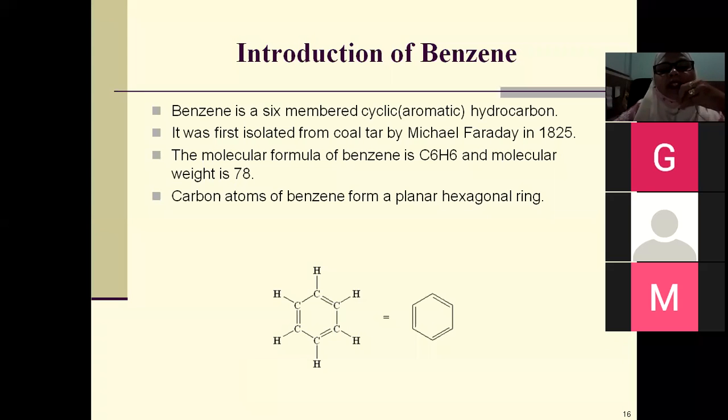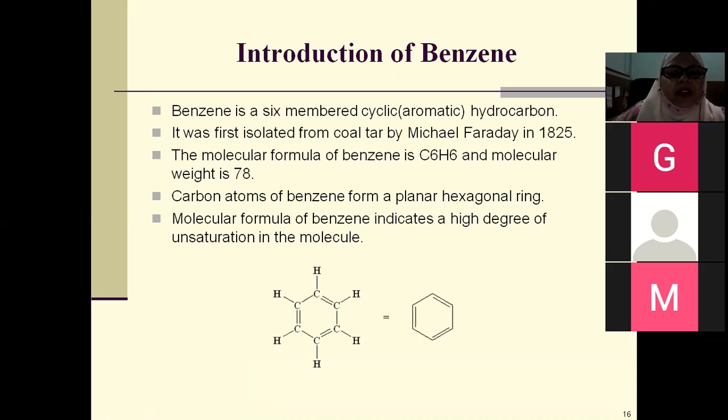Then carbon atoms of benzene have a planar hexagonal ring. Okay, so that day we have studied in the criteria that it is having planar structure, that is flat structure, hexagonal ring. Then molecular formula of benzene indicates high degree of unsaturation in the molecule. क्योंकि अगर C6 है तो इसमें अंदर H बहुत सारे होने चाहिए थे, लेकिन यहाँ पे H6 दिखा रहा है.